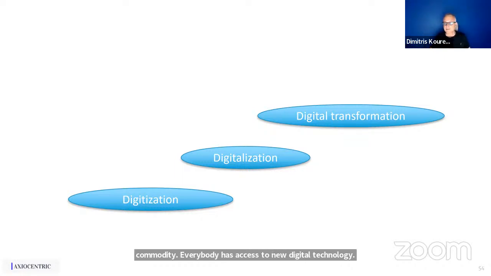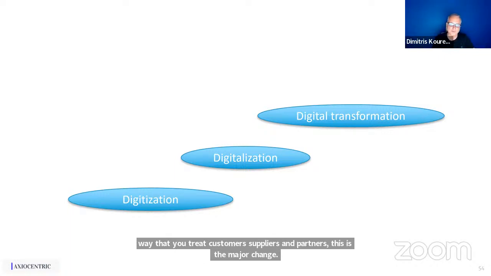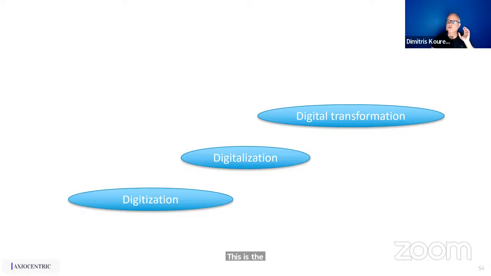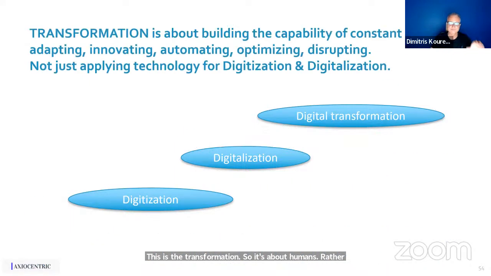How you use it, what will be your mindset, and the way that you treat customers, suppliers, and others, this is the major change. This is the transformation. So it's about humans rather than about technology.